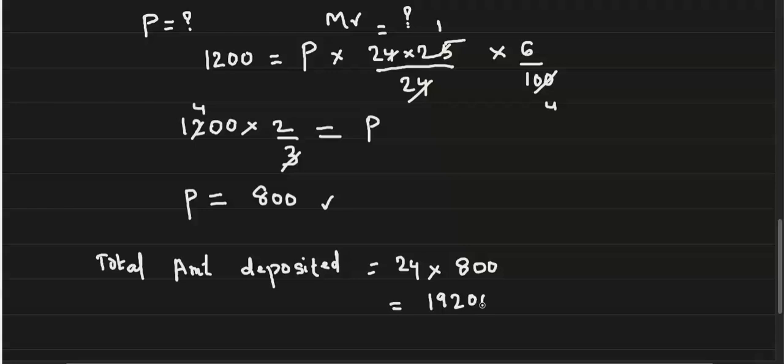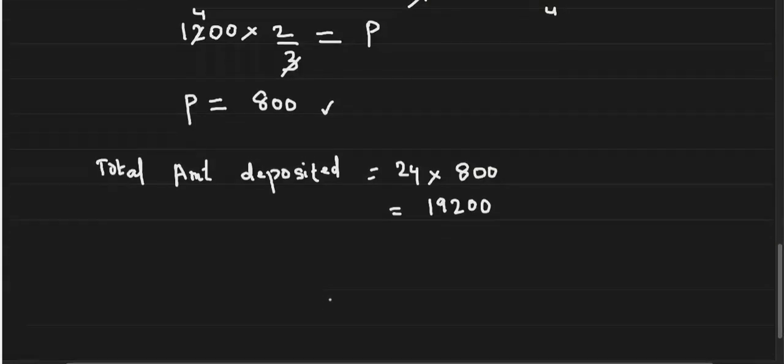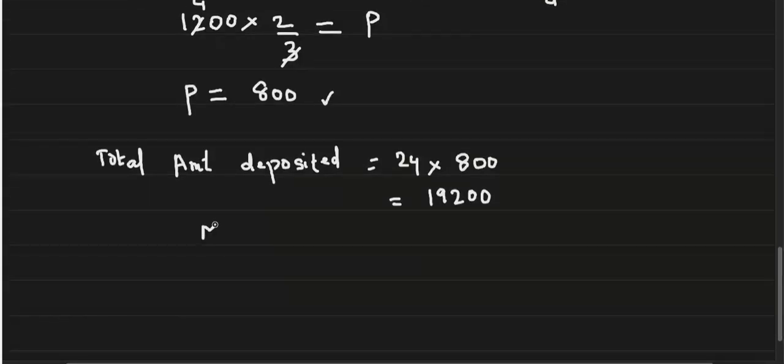19,200 is the amount he paid, and the maturity value is also inclusive of the interest that he is getting. Maturity value equals total amount paid, the total deposit, plus interest received.